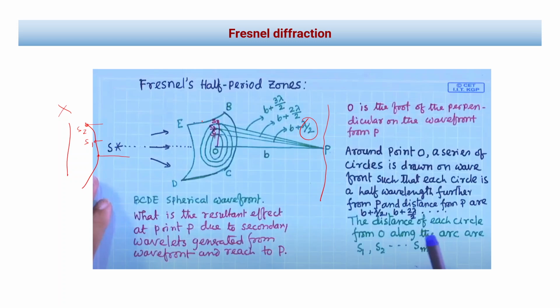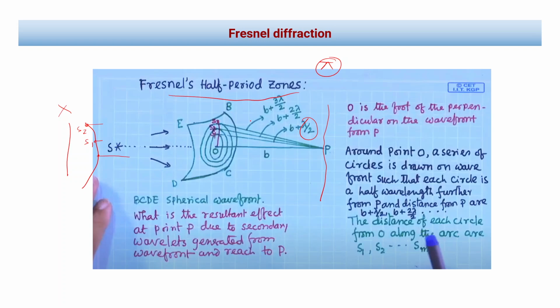So every successive zone is at a lambda by 2 more path difference, that is, a phase difference of pi, and that's why these rings are called half period zones. The area between one circle and the next is one zone, then the next area is another zone, and they are at a distance of half a wavelength more, okay?